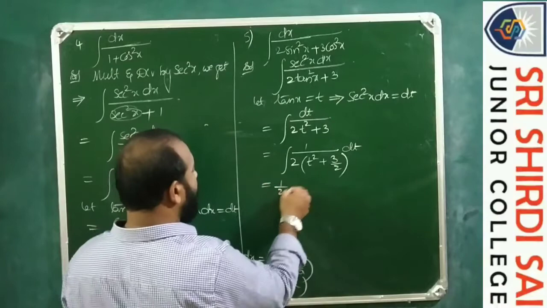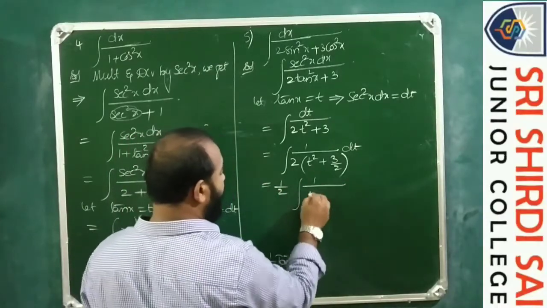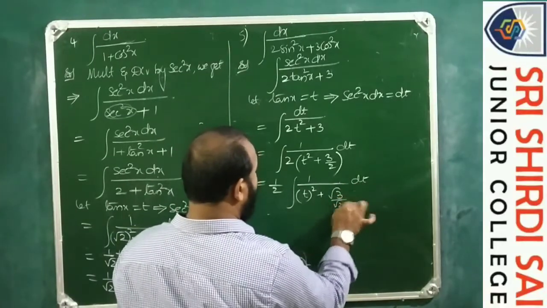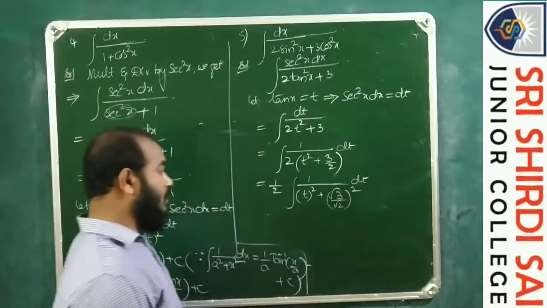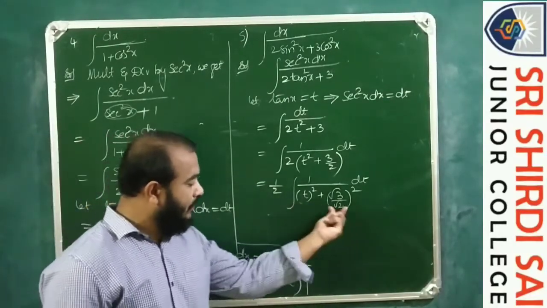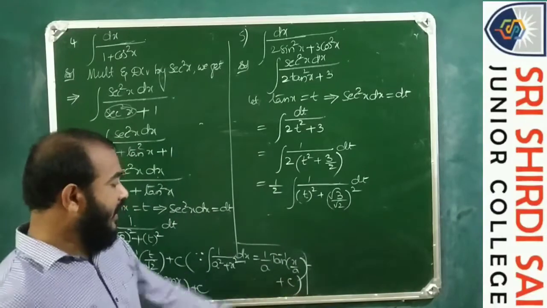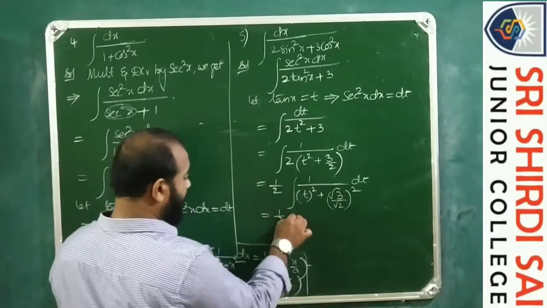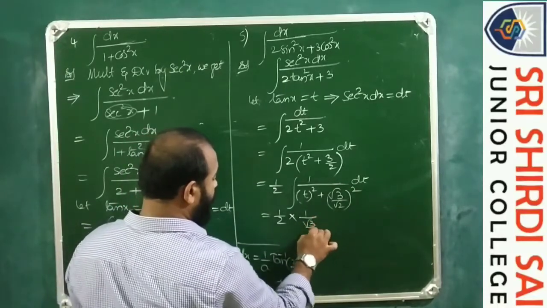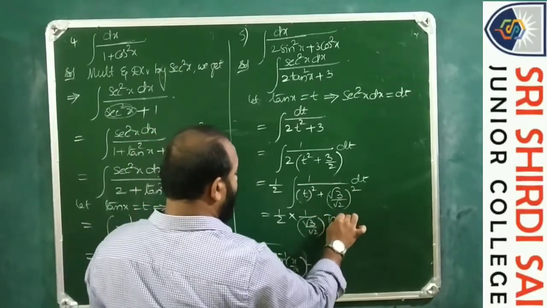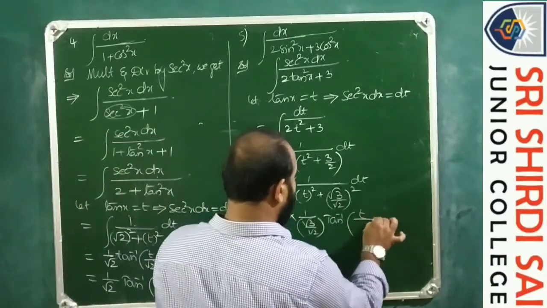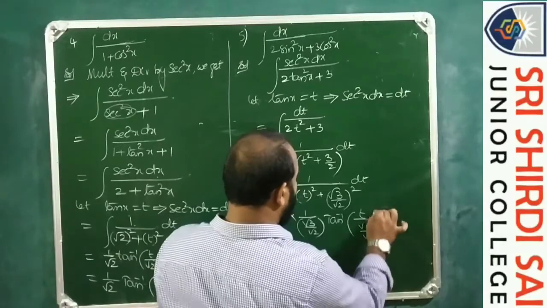So 1 by 2, 1 by t whole square plus root 3 by root 2 whole square. Now this is of the form integral 1 by x square plus a square, which is 1 by a tan inverse x by a. So 1 by 2 into 1 by a, where a is root 3 by root 2, tan inverse of x by a, x is t by root 3 by root 2, plus c.